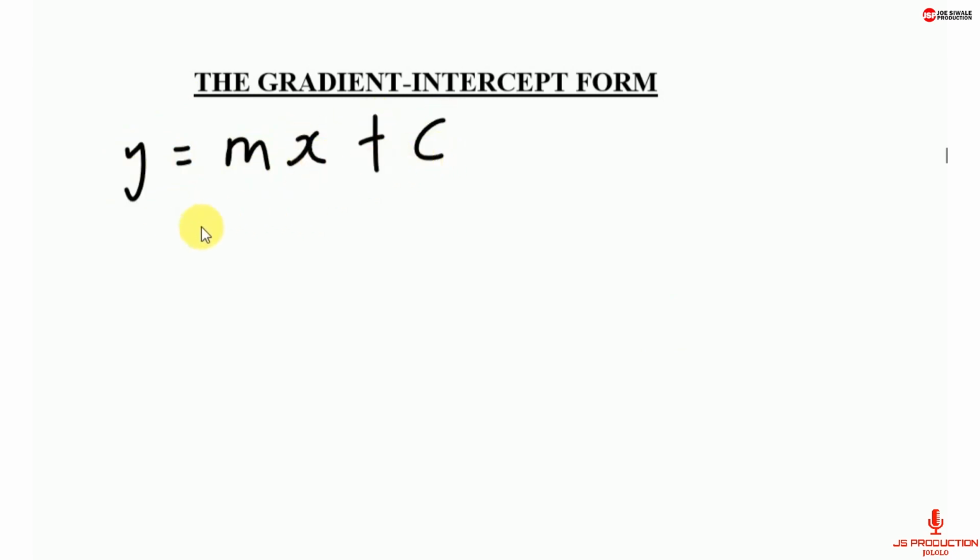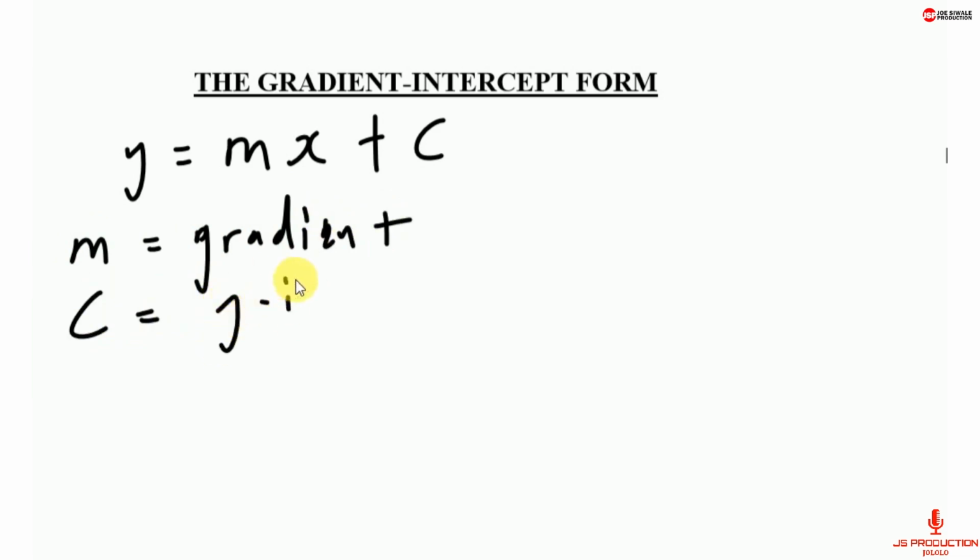From this equation, we know that our m represents the gradient, and our c represents the y intercept.